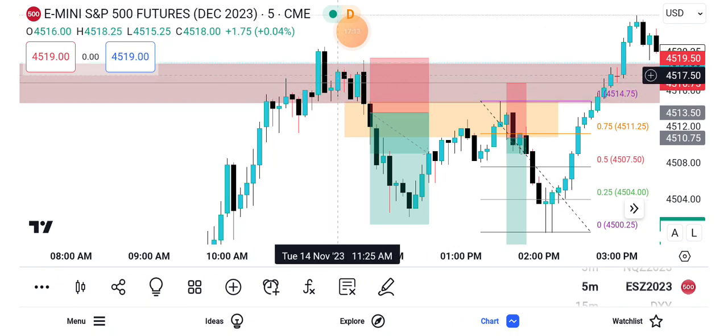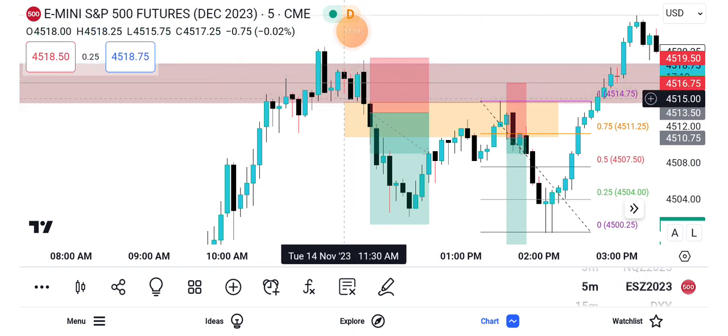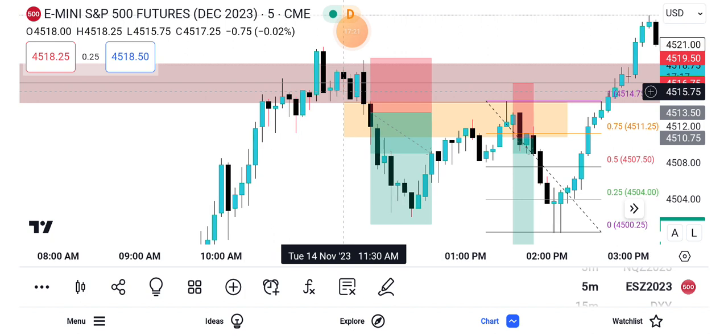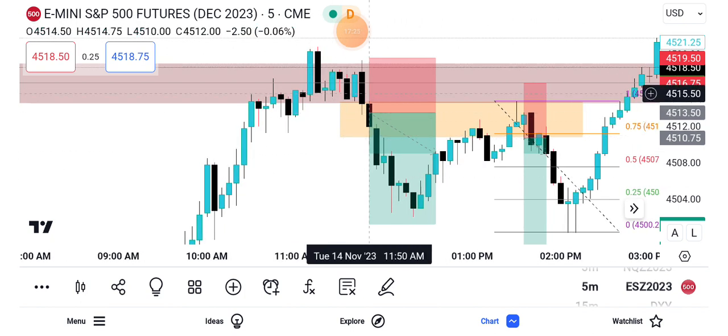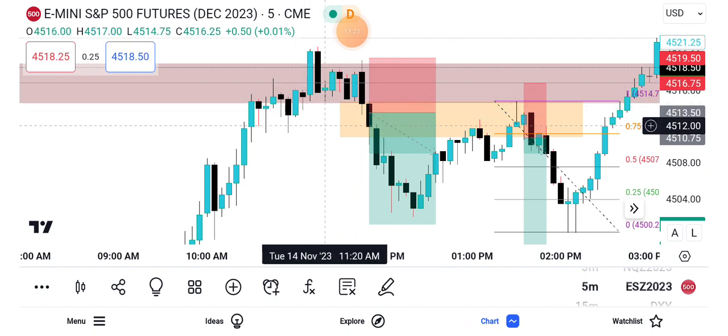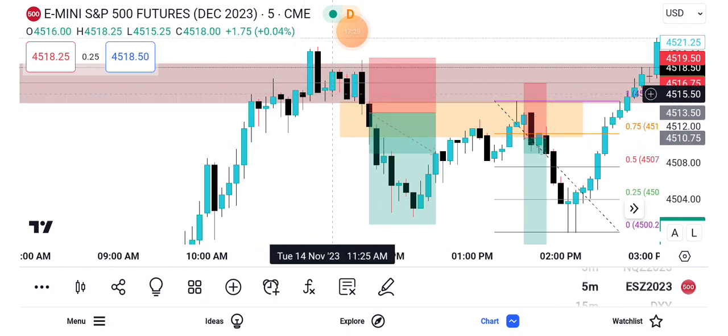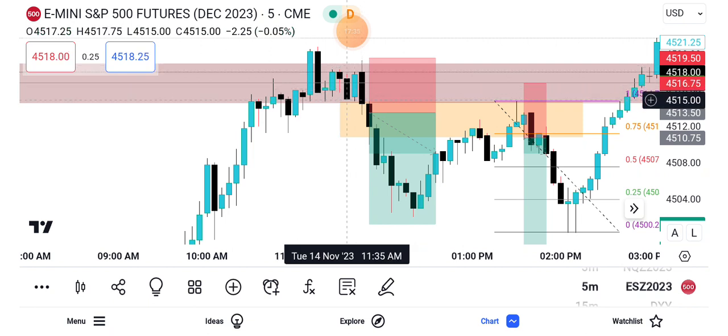Then these candles were closing and opening around this consequent encroachment. Then I spotted this bullish candle. I was keen on this bullish candle.